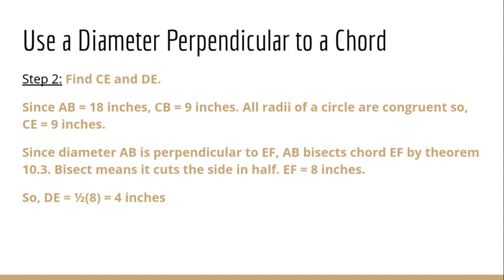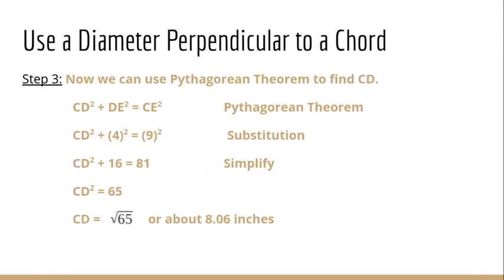So I want you to take a second and label your diagram that you drew in your notebook. I want you to label your new radius is 9 inches, and I want you to label that DE and EF is 4 inches. So now we're just missing that bottom piece. And to find that bottom piece, we can use the Pythagorean theorem because we have a right triangle.